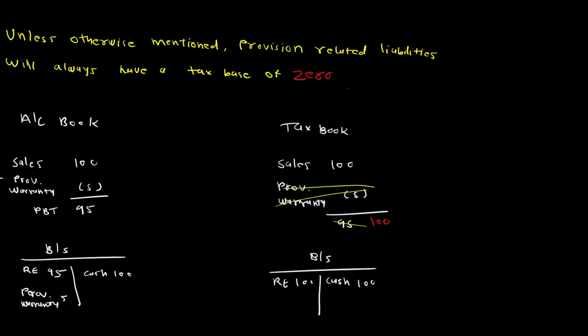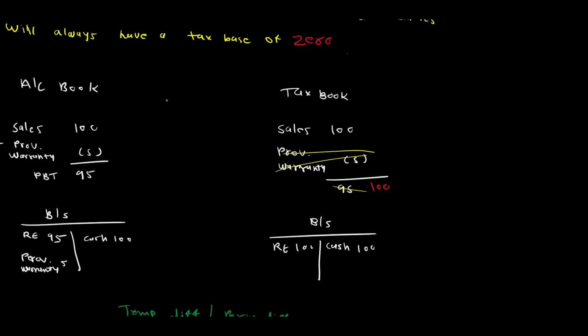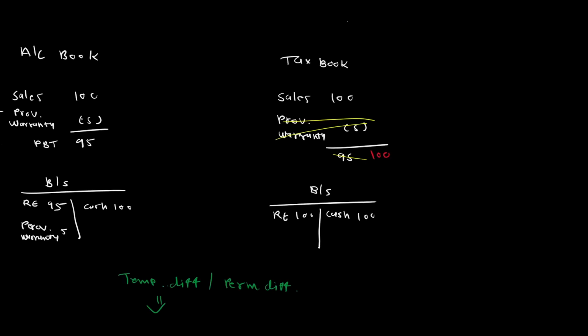Let's understand with an example. The accounting book shows sales of 100 and a provisional liability of 5 rupees. It means I have a future liability of paying warranty of rupees 5. This is the provision, I have accrued the warranty, so I will need to pay in the future for the warranty rupees 5.